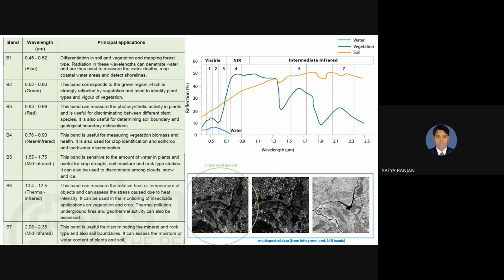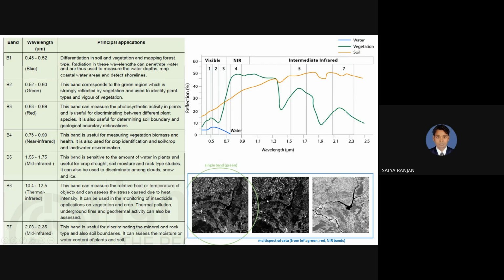That's why most of the time we use the infrared band for forest mapping, mangrove area calculations, or water bodies analysis. So just see, this is the green, red. These are the bands.